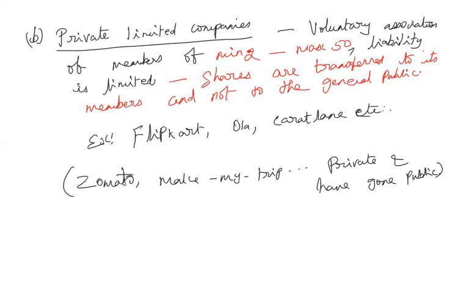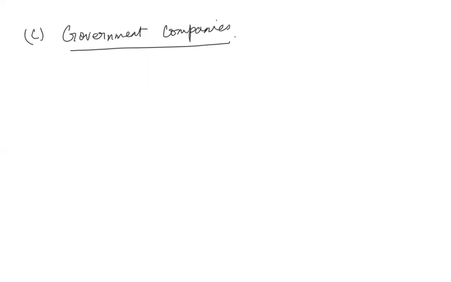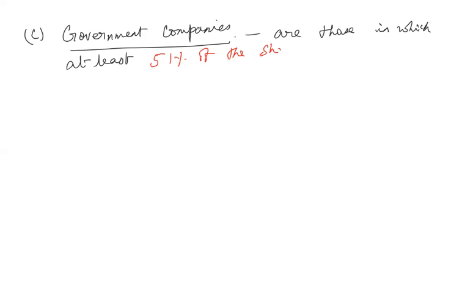Then the third one we have is the government companies. These companies are those in which at least 51% of the shareholding should be in the hands of the government.